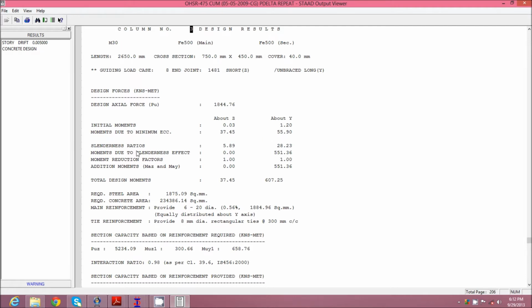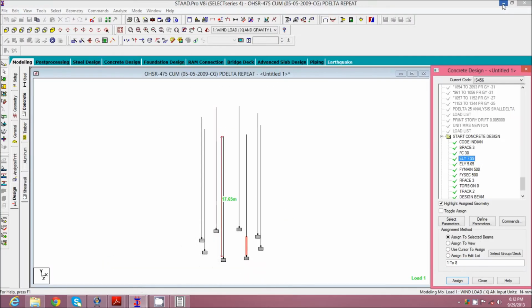That is the slenderness ratio, and due to this we have got a certain amount of moment, that is 551.36. It's quite a big moment, which is the moment generation because of the slenderness effect, and finally the final design moment is 607.25.